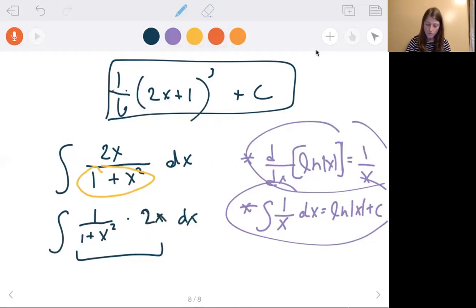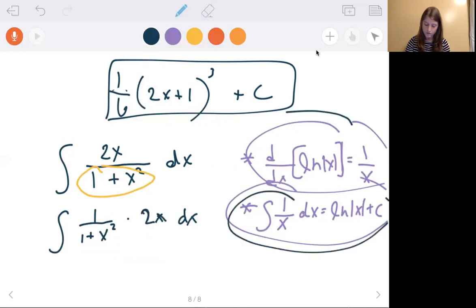But now, when I do this, it allows me to see that this 1 over something is similar in form to this, right? It's not 1 over x. It's 1 over 1 plus x squared. But what I want you to think about is all of this piece as being your inner function. Once you see it, it'll make a little more sense.